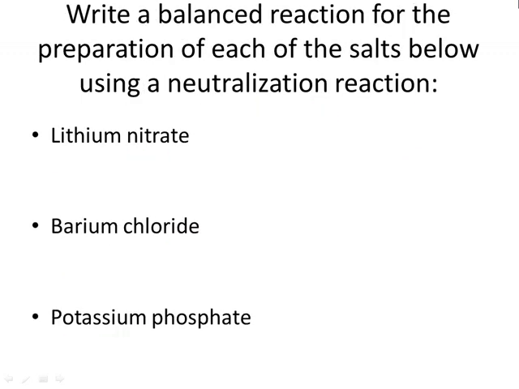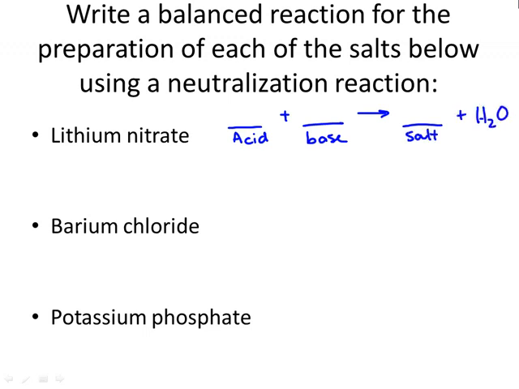Write a balanced reaction for the preparation of each of the salts below using a neutralization reaction. So this is saying I have a neutralization reaction. I've got some acid reacting with some base, and we know neutralizations are a form of double replacement. They make a salt plus water.